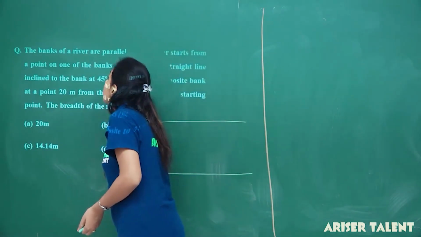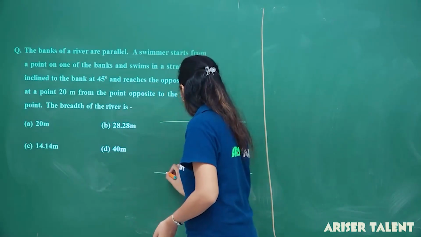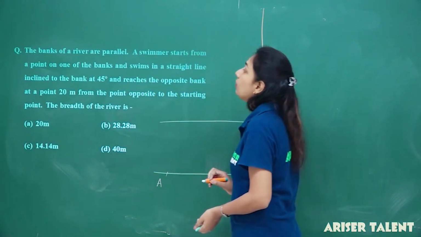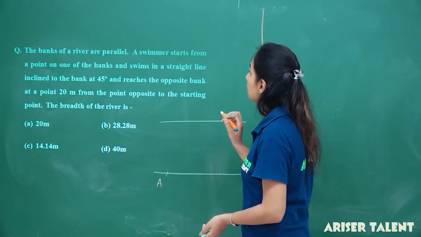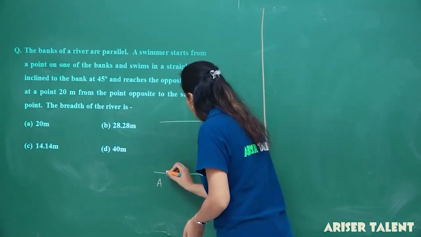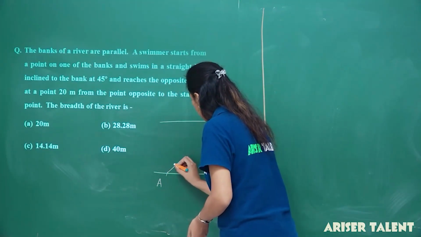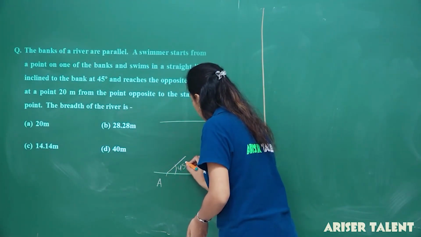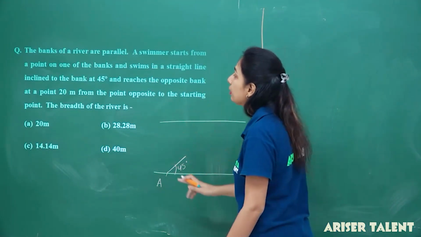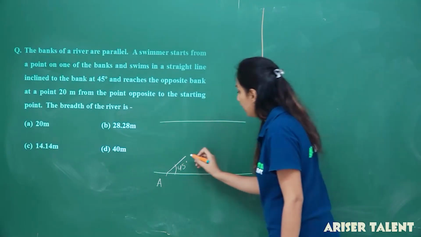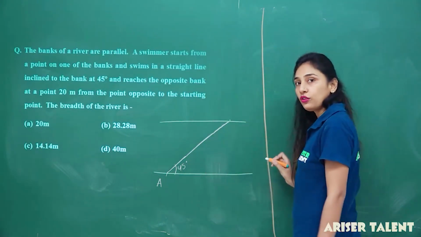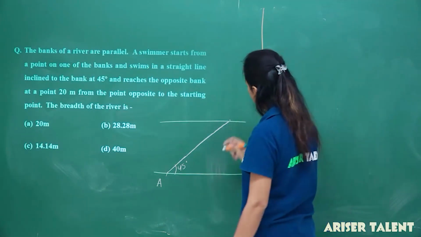Now, from a point, let it be this point A, on one of the banks, he swims in a straight line inclined to the bank at 45 degree. Now, inclination is 45 degree, okay, and he reaches the opposite bank at a point 20 meter from the point opposite to the starting point. Now, it will reach like this, with only the 45 angle.